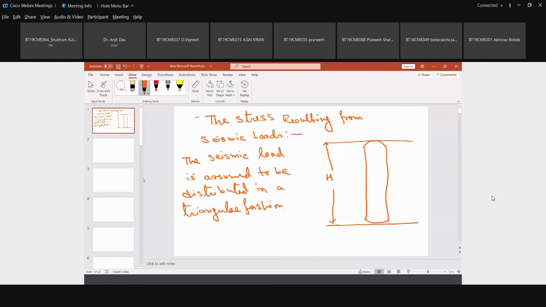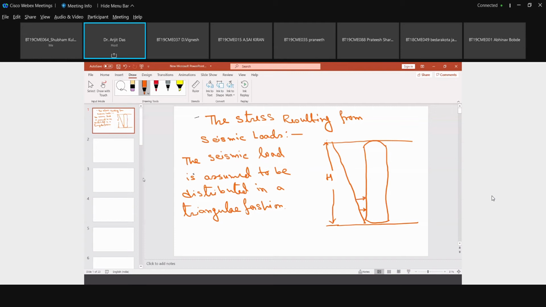That means if the foundation or the basement vibrates, then the effect of the vibrations will increase from bottom to the top. So at the bottom of the tall vessel, the vibrational effect will be felt somewhat less than at the upper portion.